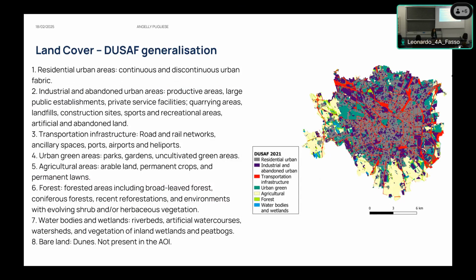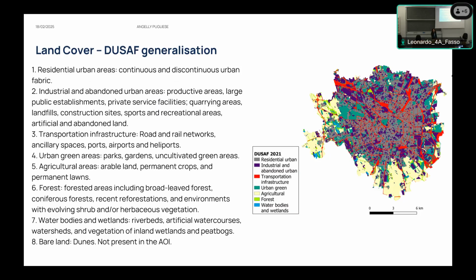So I decided to move to DUSAF to have a bit more precision on the land cover, even if we will see the land cover changes throughout the years of the study are not so significant, but still to pursue more accuracy, I decided to move to DUSAF.